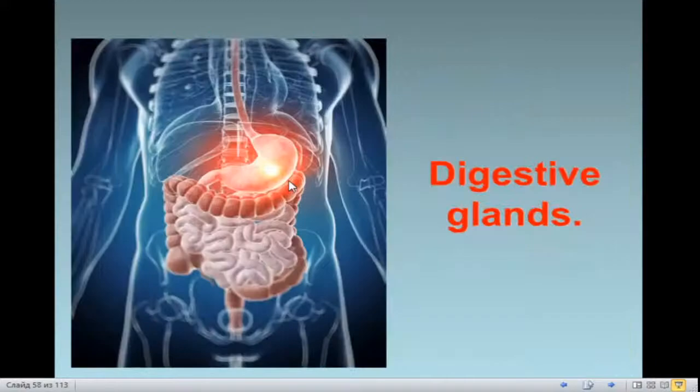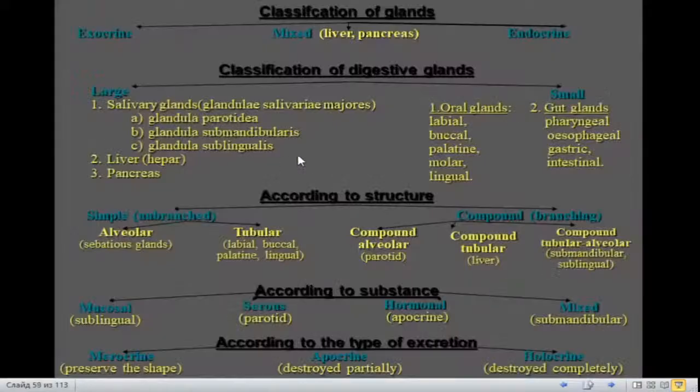Now, digestive glands. As I said before, digestive glands are different, and if we take in general what glands exist, we can classify them into exocrine, endocrine, and mixed. What is the difference between these three? Endocrine means they produce substance directly into blood.